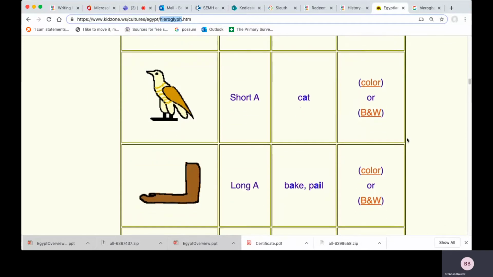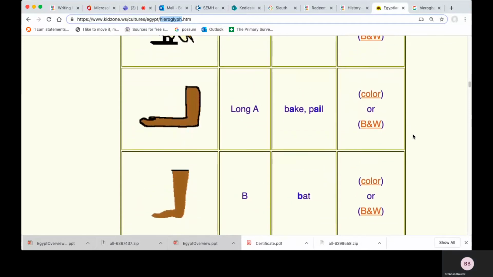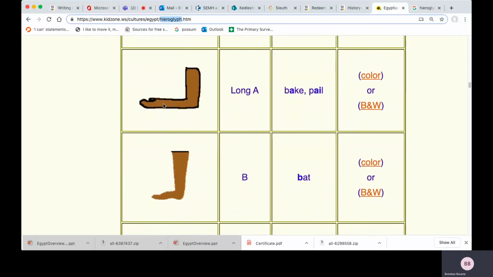If we move down, we can see that this picture, which looks like an arm, is the long A sound. So the sound where the A is an actual A sound, and that can be made either with an A followed by an E at the end, so the magic E, which makes that an A sound rather than a short sound, or where we have an A and an I put together, so like in here.